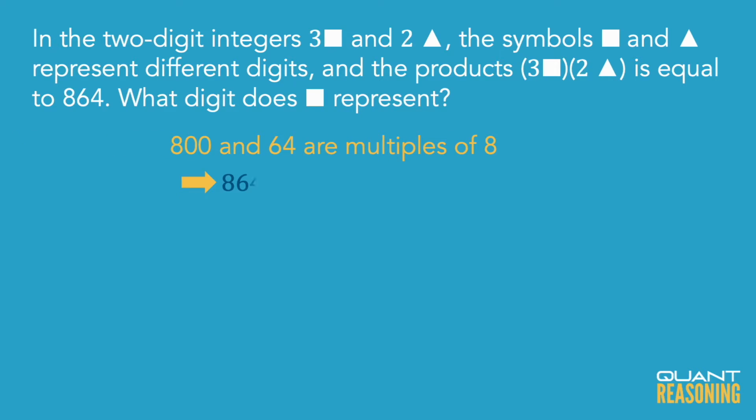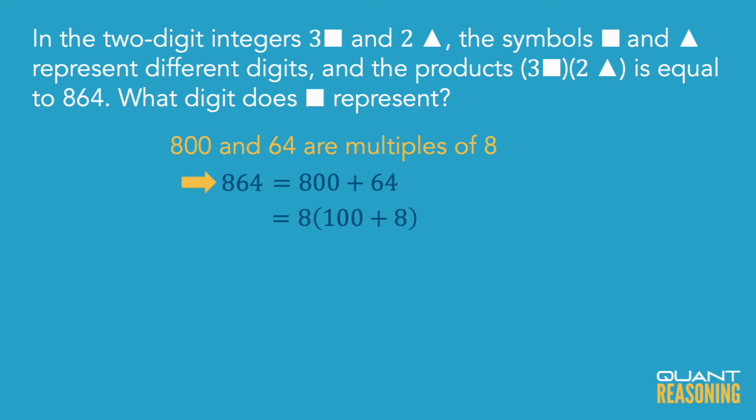The slightly less fast way to factor out the number 864 is to identify that 800 and 64, each of those numbers is a multiple of 8. So you can factor out 8 right off the bat, and you'd have 8 times 108, right? Because there's 100 8s in 800, and there's 8 8s in 64.